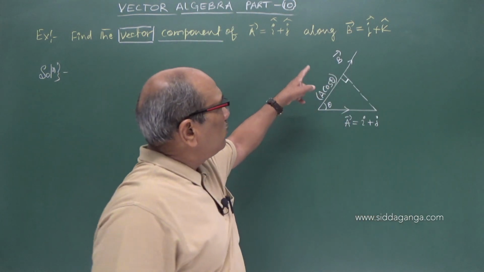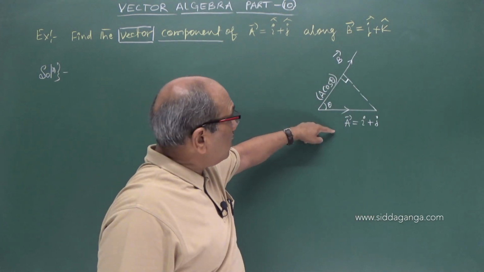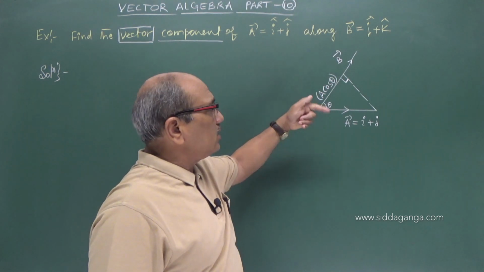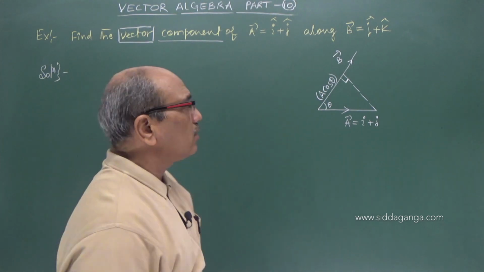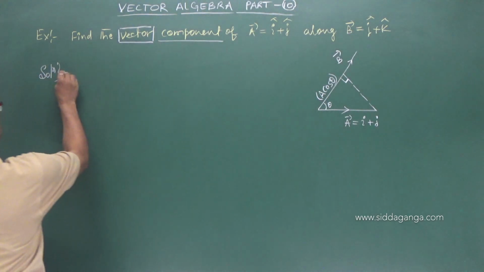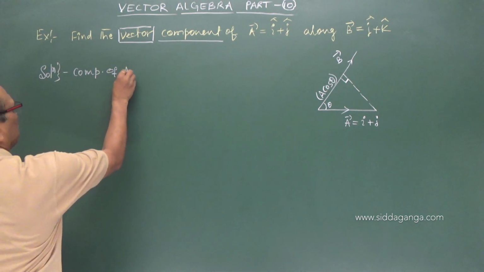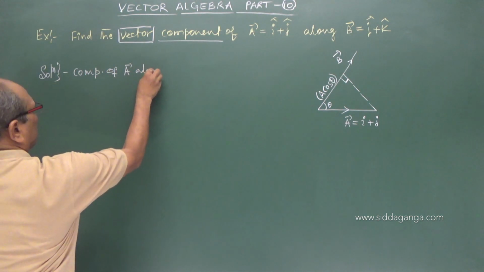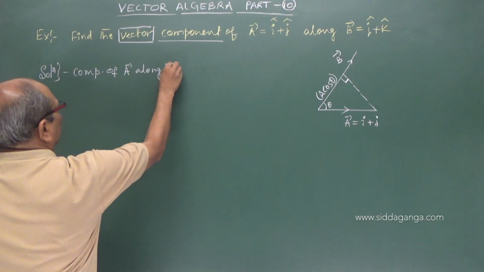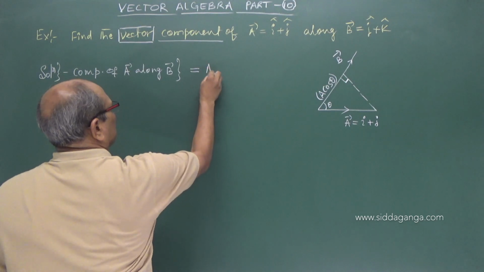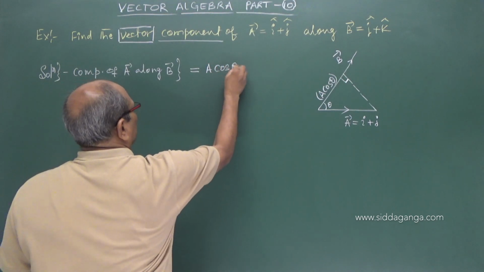This is the component of A along B, where theta is the angle between them. So the component of A along B is A cos theta.